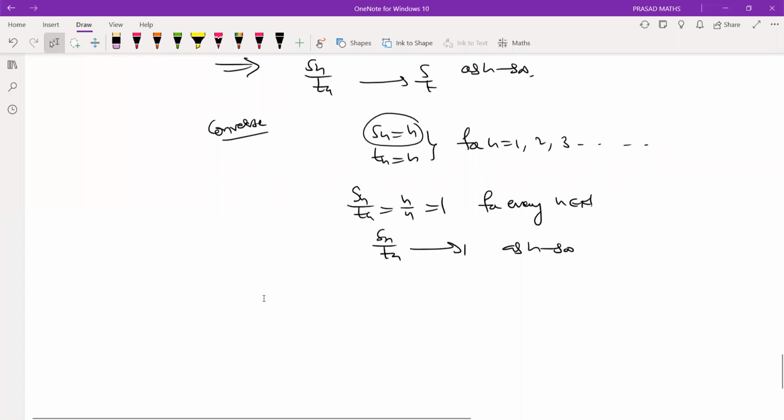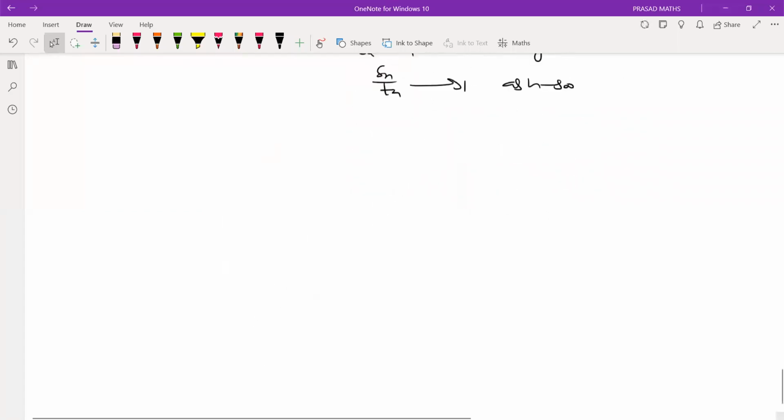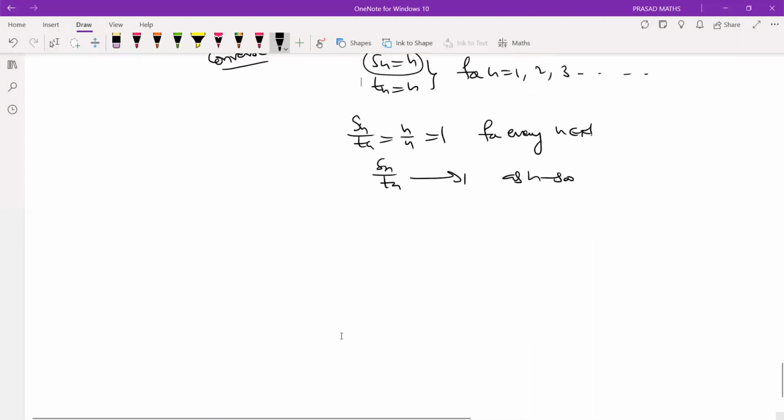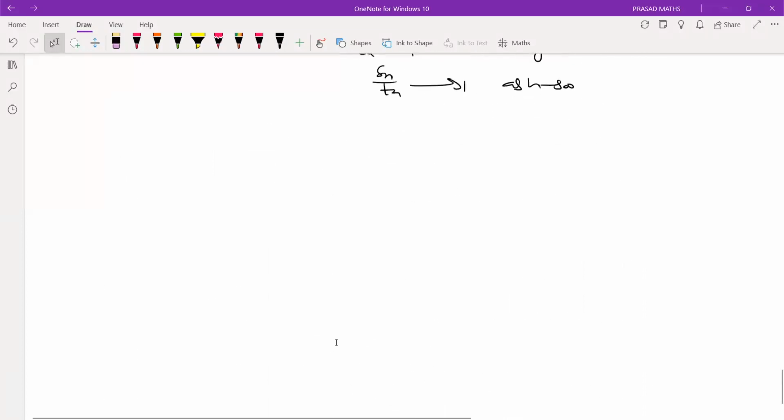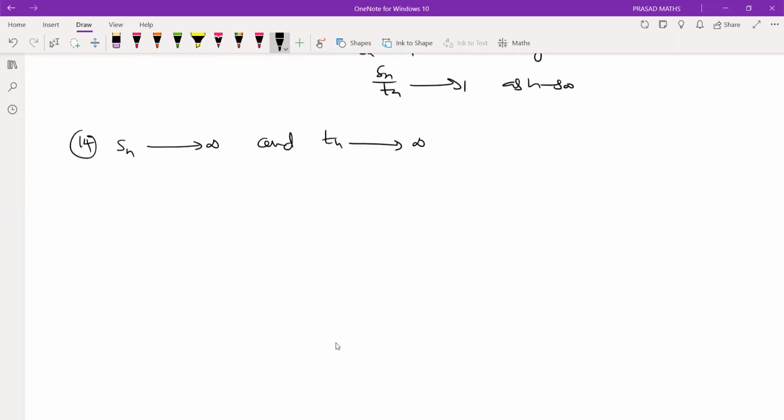Next is the 14th. Suppose Sn diverges to plus infinity, and suppose Tn also diverges to plus infinity.